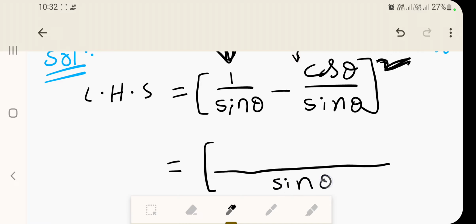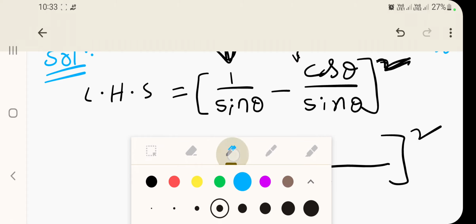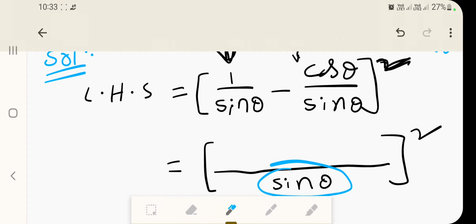Inside the square we keep the square the same, and inside we take sin theta as the LCM. So when we take the LCM, we have 1 over this sin theta in the denominator. This sin theta divided by this sin theta is equal to 1, and 1 into 1 we get as 1.